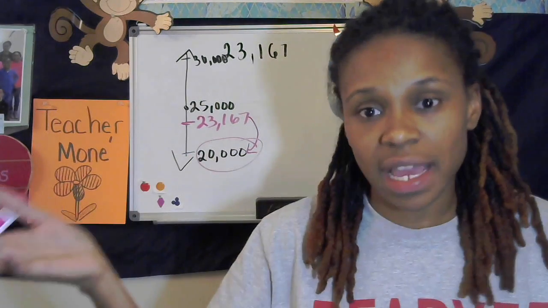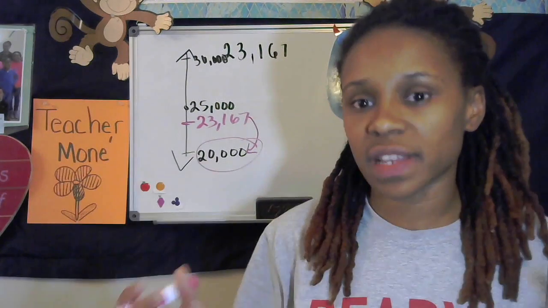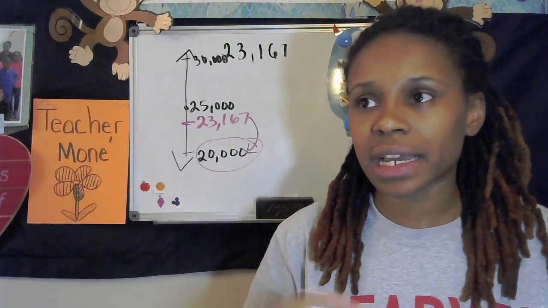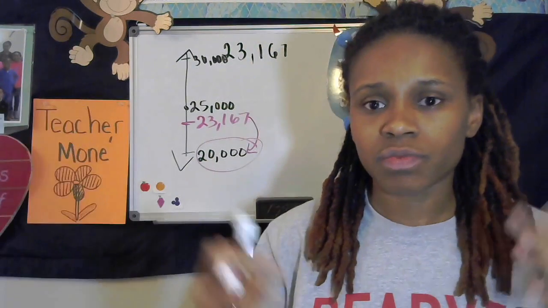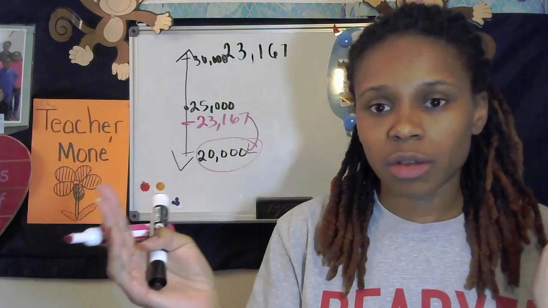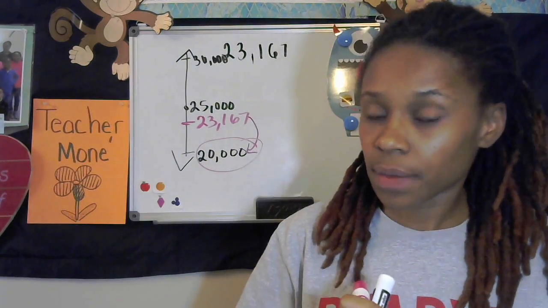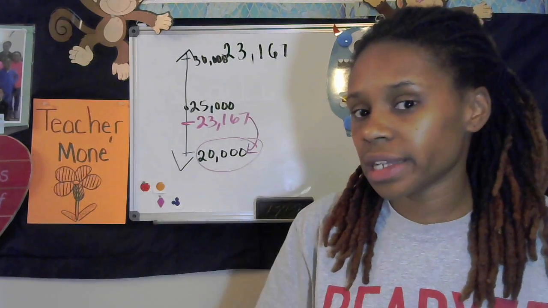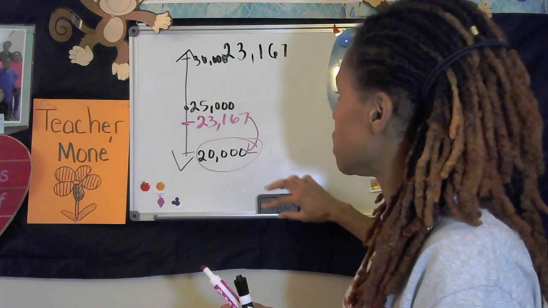You need about 20,000 seats. Okay, so that's pretty much the whole point of this, to get them to think about the bigger picture, like, well, about how many do you need to make sure everyone is taken care of or to satisfy this situation. Okay? So that is pretty much how this works with the vertical number line.